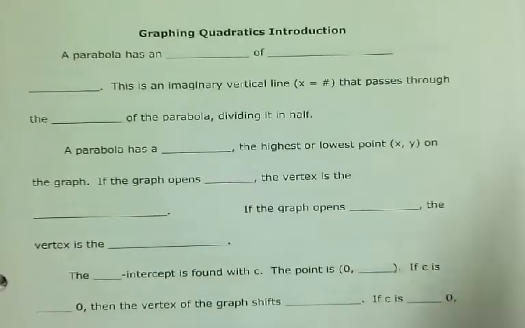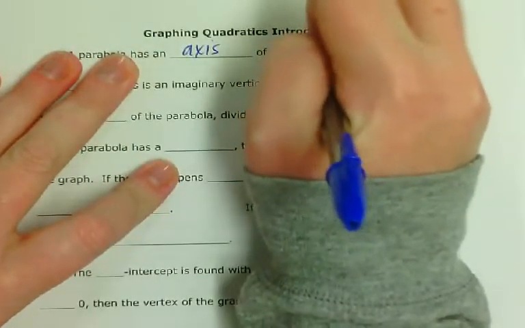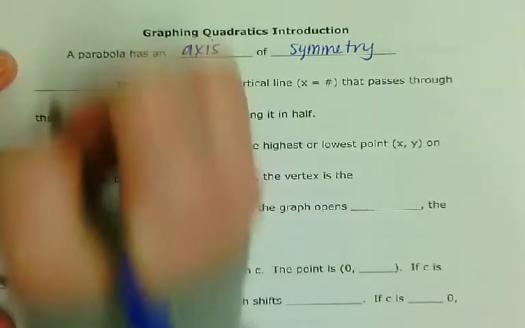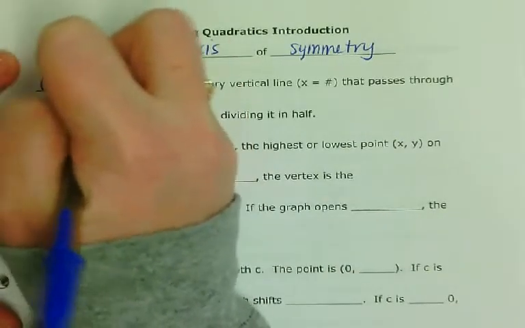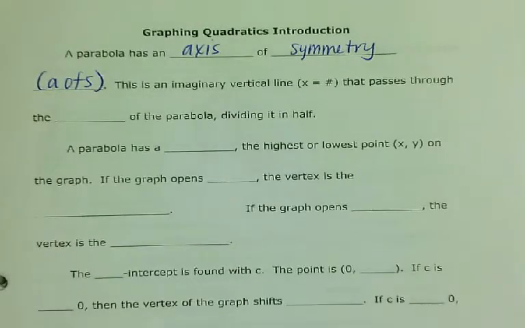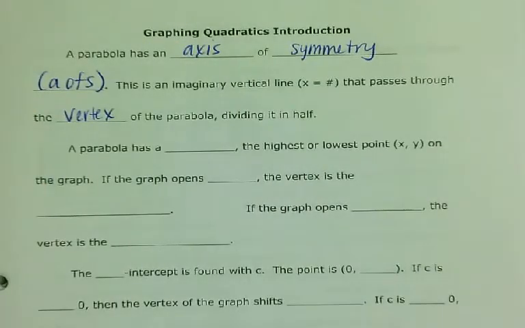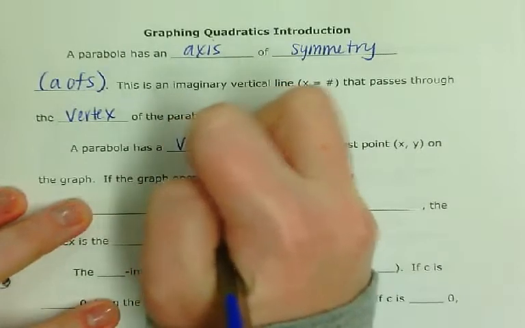Okay, so next page. A parabola has an axis of symmetry. A lot of times we just abbreviate this as A of S. This is an imaginary line, a vertical line at x equals a number. You don't actually see it, but it goes straight through the middle, straight through the vertex. It's going to be what splits it in half. That vertex is your highest or your lowest point.